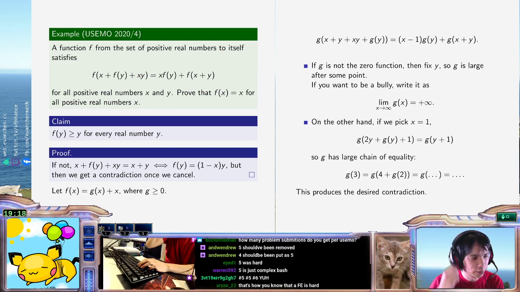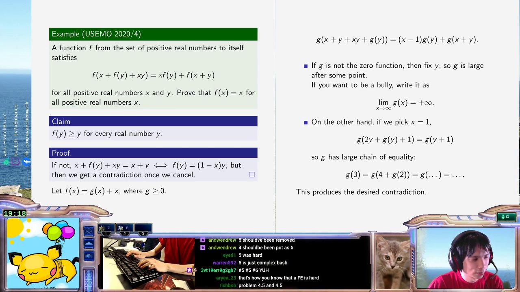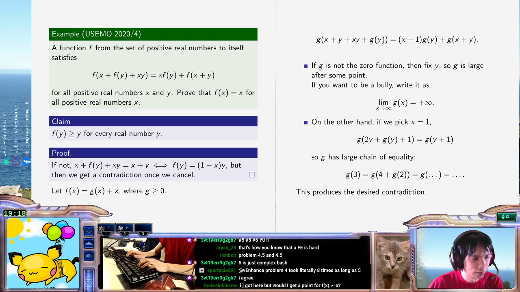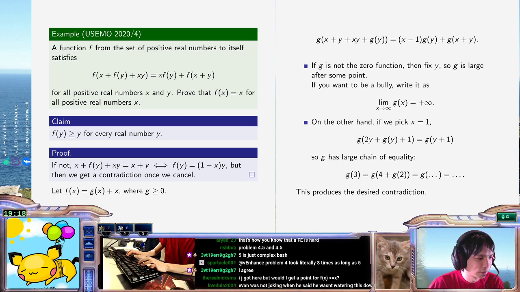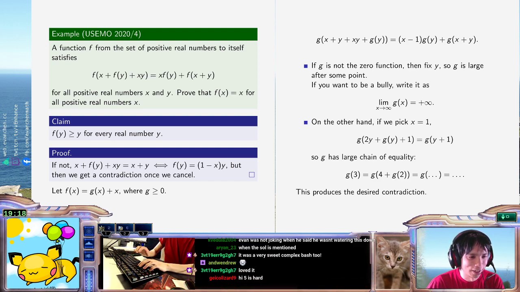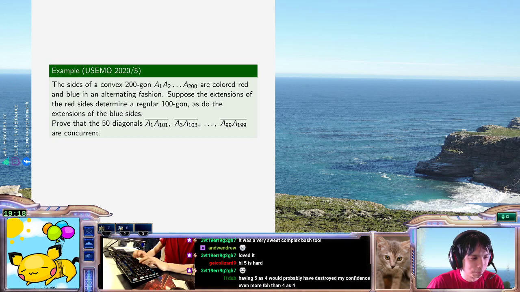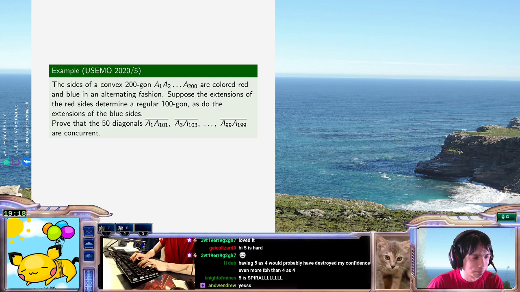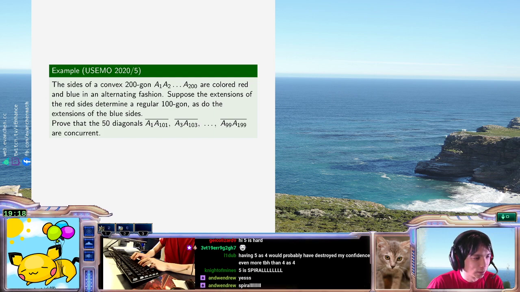Five is just complex bash? Seriously? Yeah, I do not water down the USEMO. I try to make the test a nice social experience, but the problems are what they are.